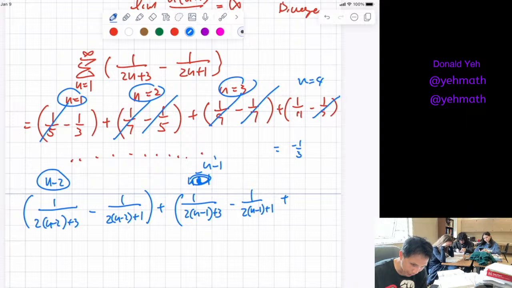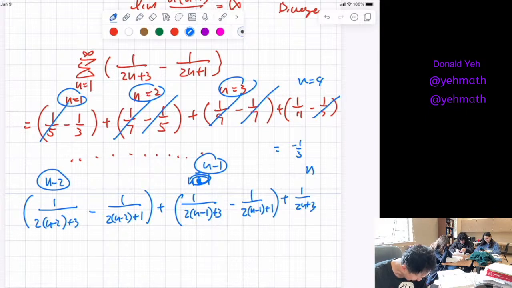That's the previous term; I substitute into the formula. I can simplify that in a second, but eventually I'm going to get to n. So the nth term is 1 over (2n plus 3) minus 1 over (2n plus 1). Now I'm going to simplify it nicely.